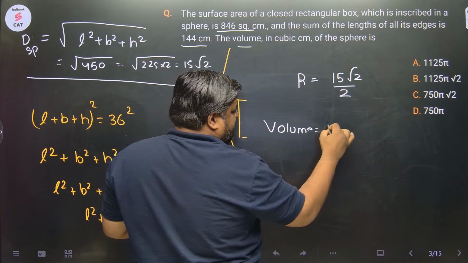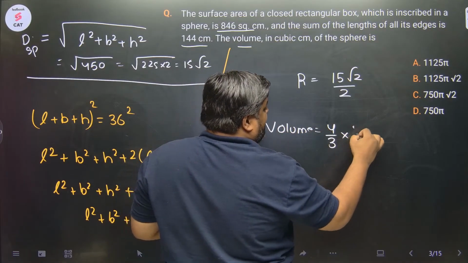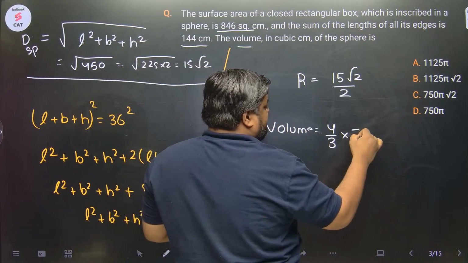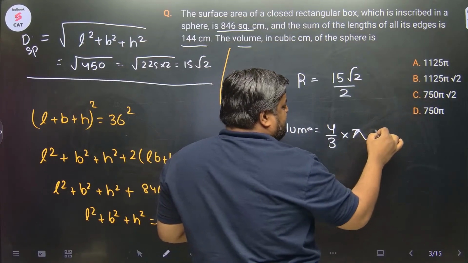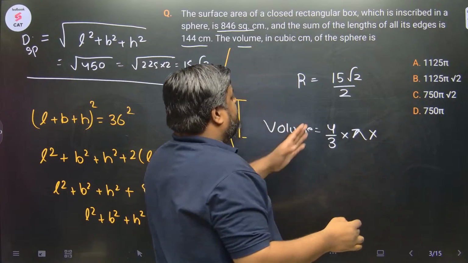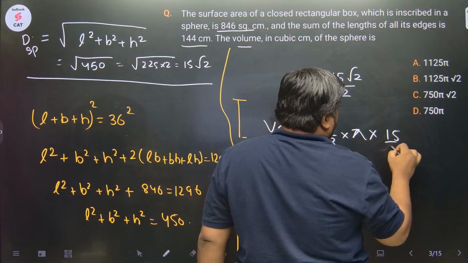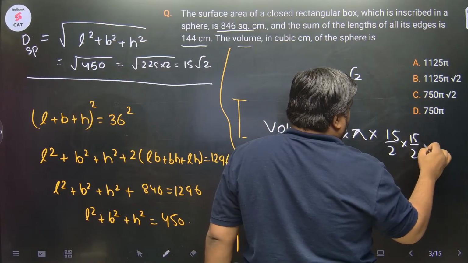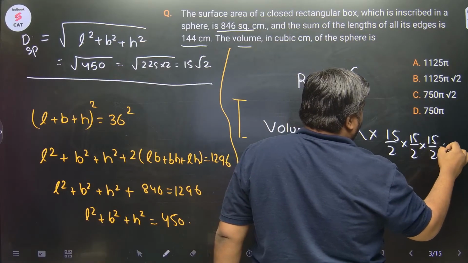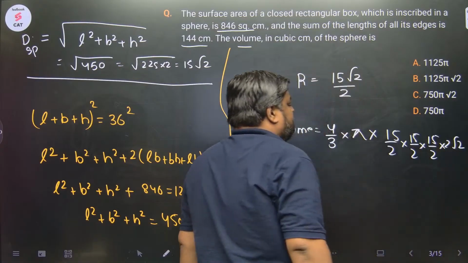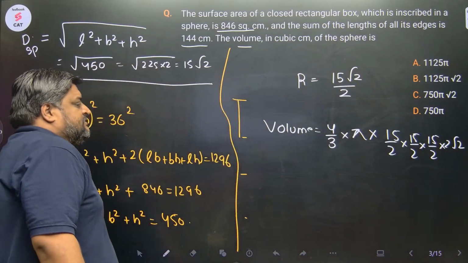And what is volume? Volume was asked. So that's 4 by 3 into pi. Let's keep pi as it is because in the answer you have pi. 4 by 3 pi r cube, 15 root 2 by 2 cubed, 15 by 2 into 15 by 2 into 15 by 2 into 2 root 2. Sorted?